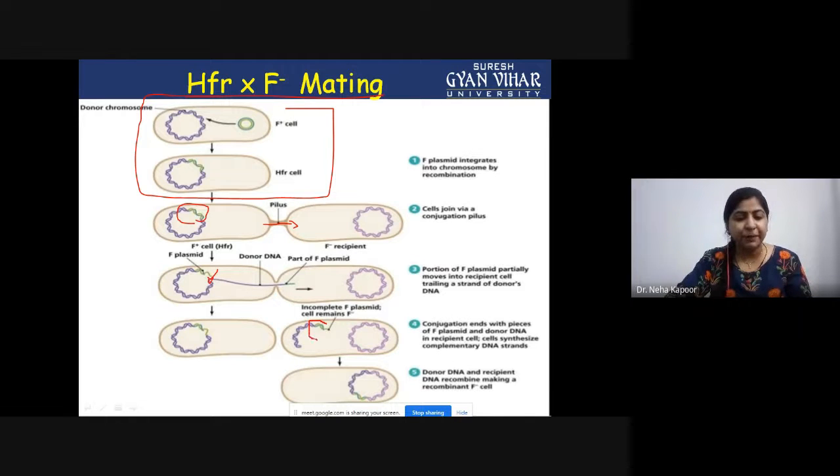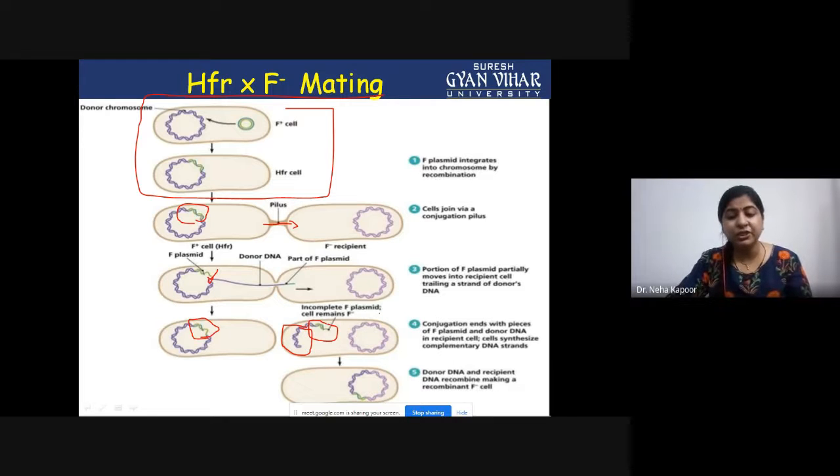This is the F plasmid part and this is the donor genomic DNA. Because the F plasmid content won't be transferred completely in the case of Hfr, as you can see here, a few parts of the F plasmid are left behind.